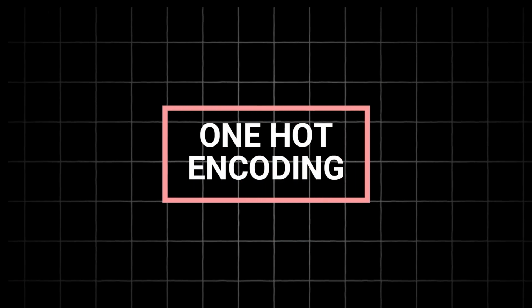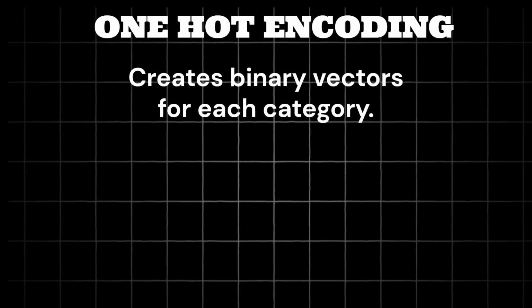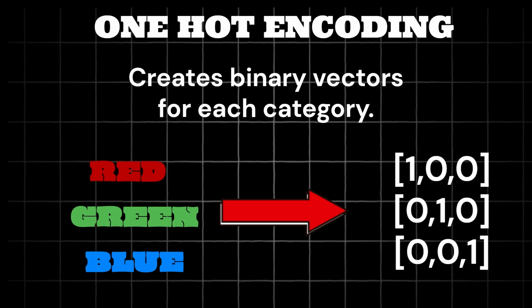Next up is one hot encoding. Instead of assigning a single number to each category, this method creates a new binary column for each category. So if we have red, green, and blue, we get three new columns, one for each color, where one indicates the presence of that color and zero indicates its absence.